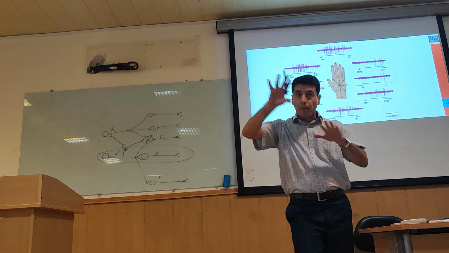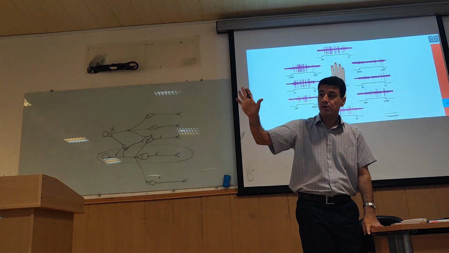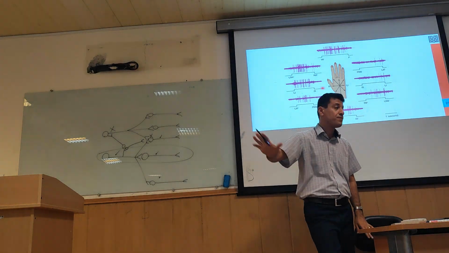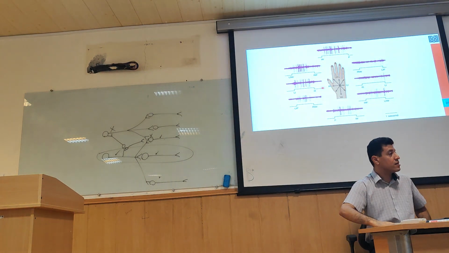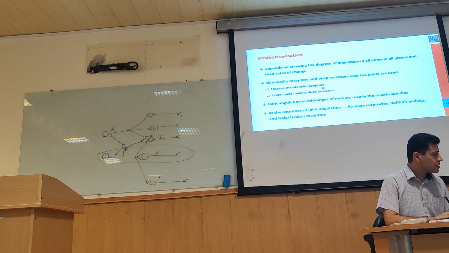So the property of the neuron is different in the somatosensory association area from somatosensory area 1. Okay, so we have 2 slides left.